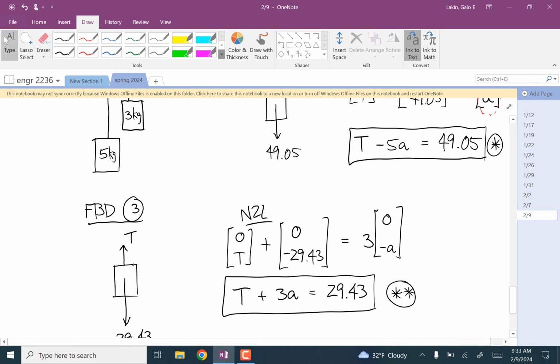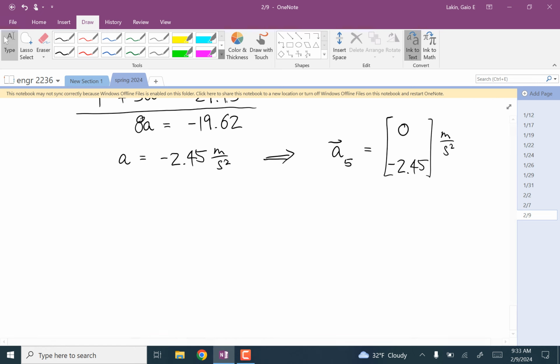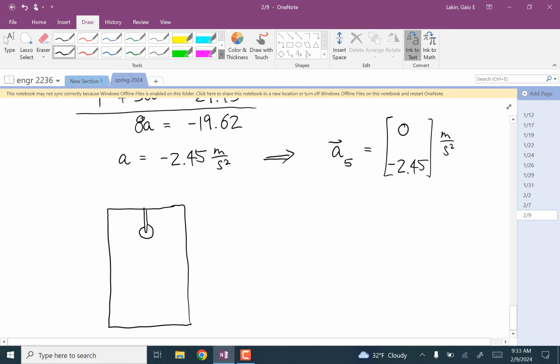Okay, so now imagine this. This same thing is going on attached to the ceiling of an elevator.